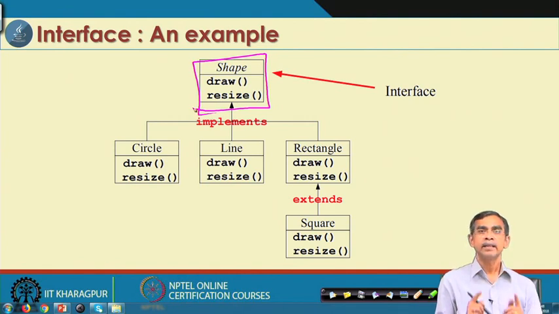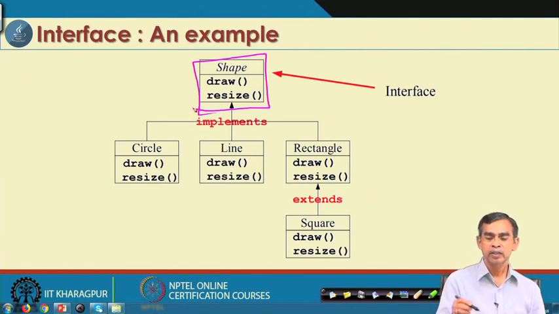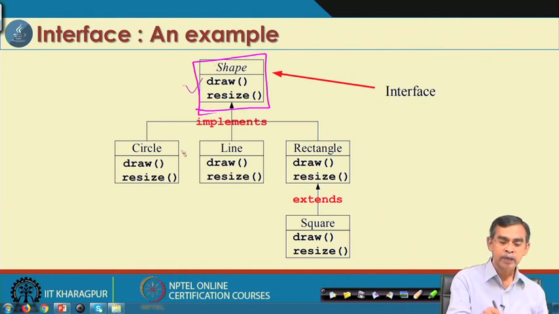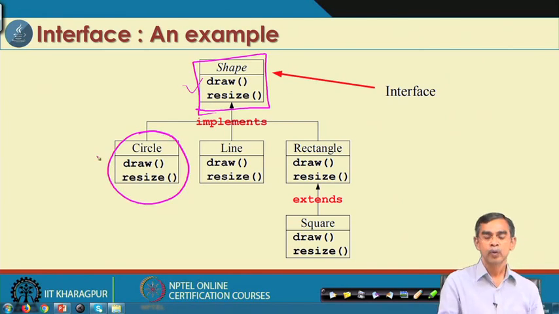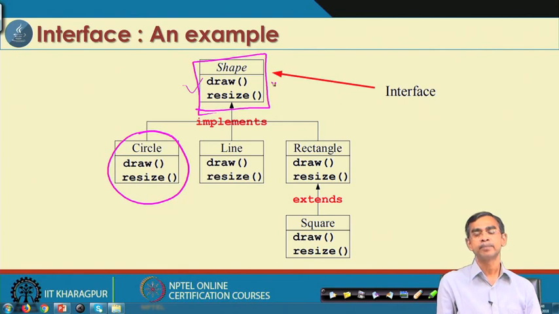They are basically method declarations, but not the body. This means that these methods are basically a structure, a framework, a template, a protocol. So, this is the interface, and then we can create our own class, namely circle, which implements the draw and resize methods defined there.